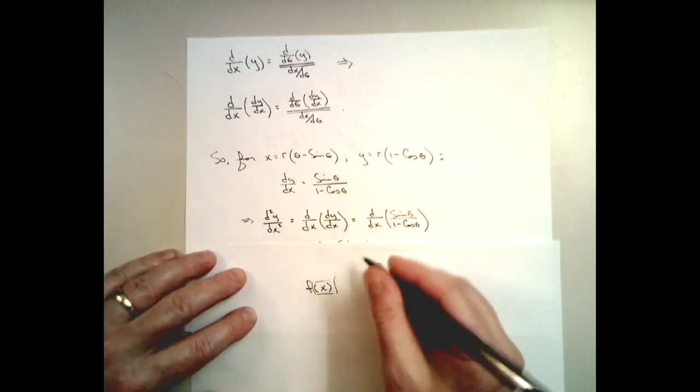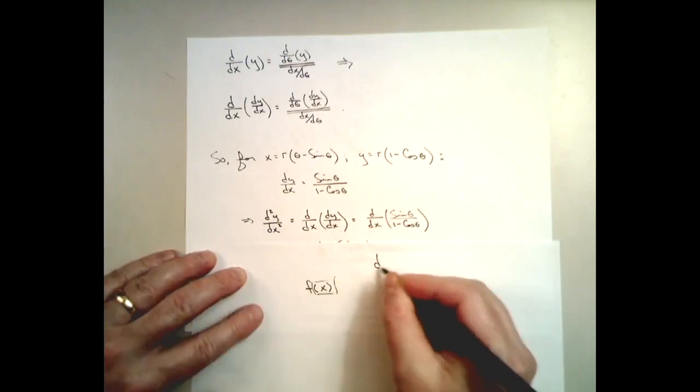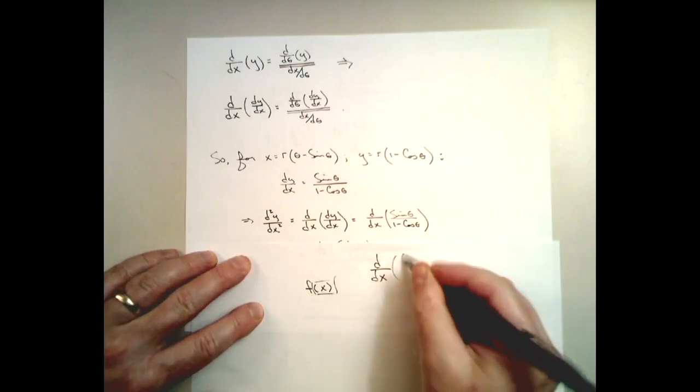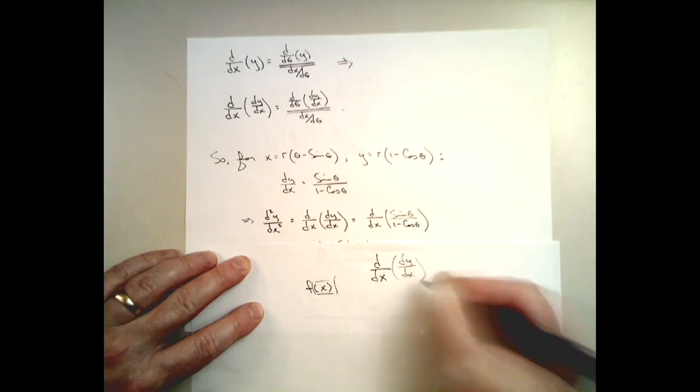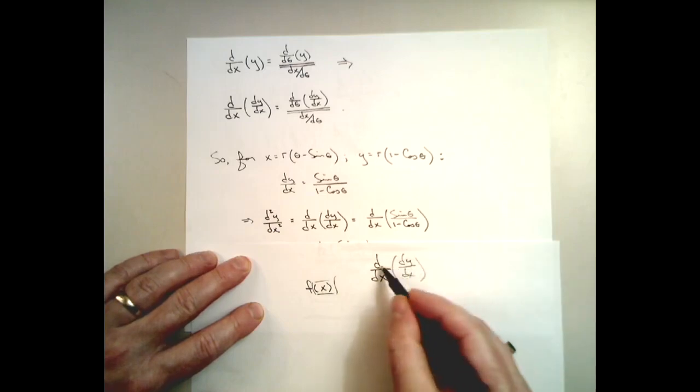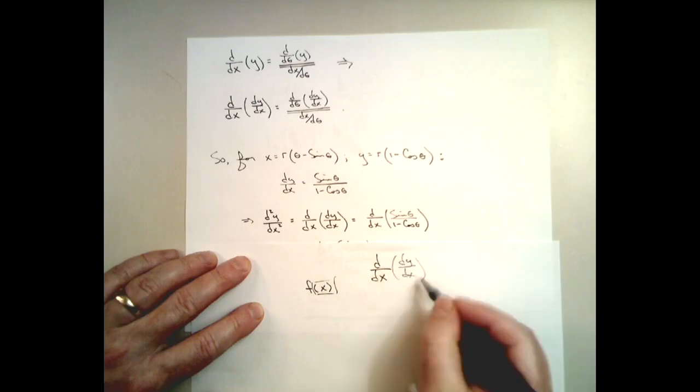It looks like a mess, but it reminds us that if we're asking for the derivative with respect to x of dy dx, then, I mean, this isn't really what's happening, but symbolically it kind of looks like we're squaring a d on top and squaring a dx on the bottom.